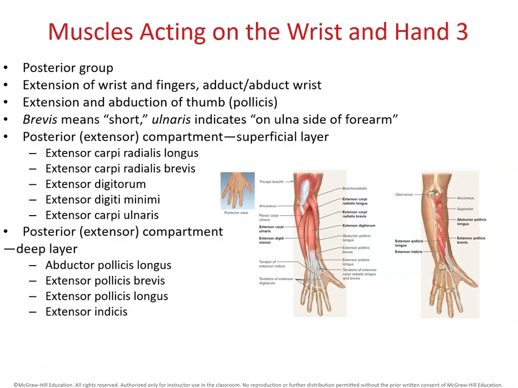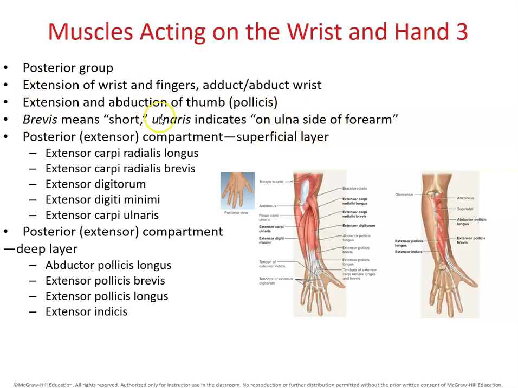The posterior group, this allows for the fingers to extend and the wrist to adduct and abduct. Okay, so your wrist turning out and inward, kind of like a windshield wiper motion. And also for your thumb to extend and abduct. Okay, here brevis means short, ulnaris on the ulnar side of the forearm.